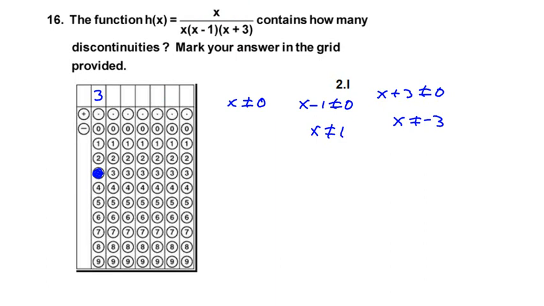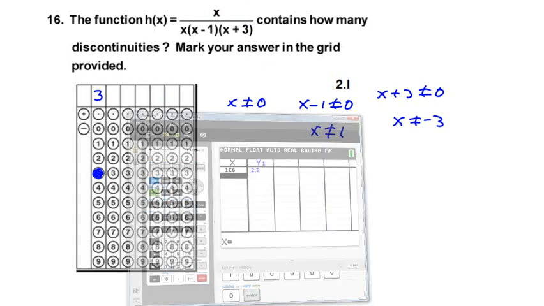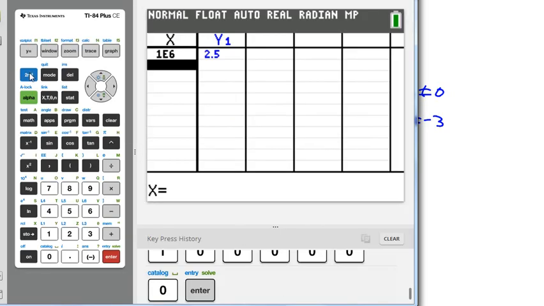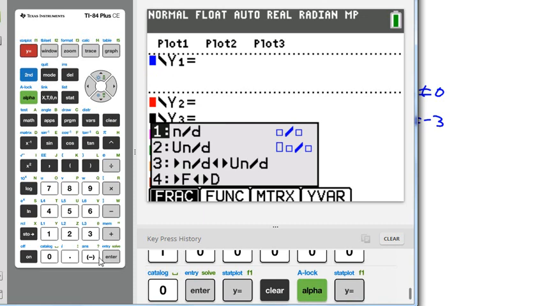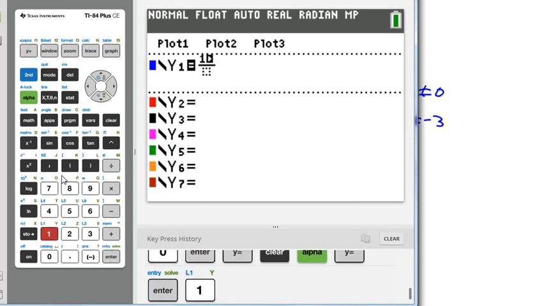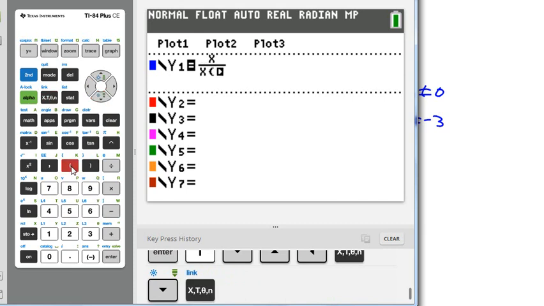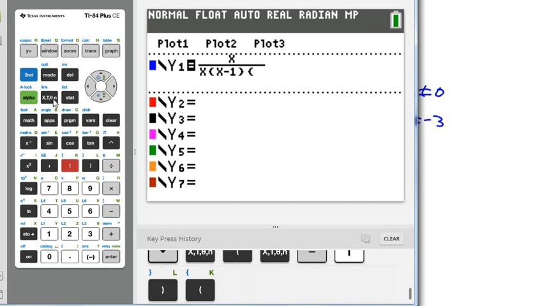Now, again, if you lacked understanding to be able to do that, you can still go here and put in x over x times quantity x minus 1 times x plus 3.